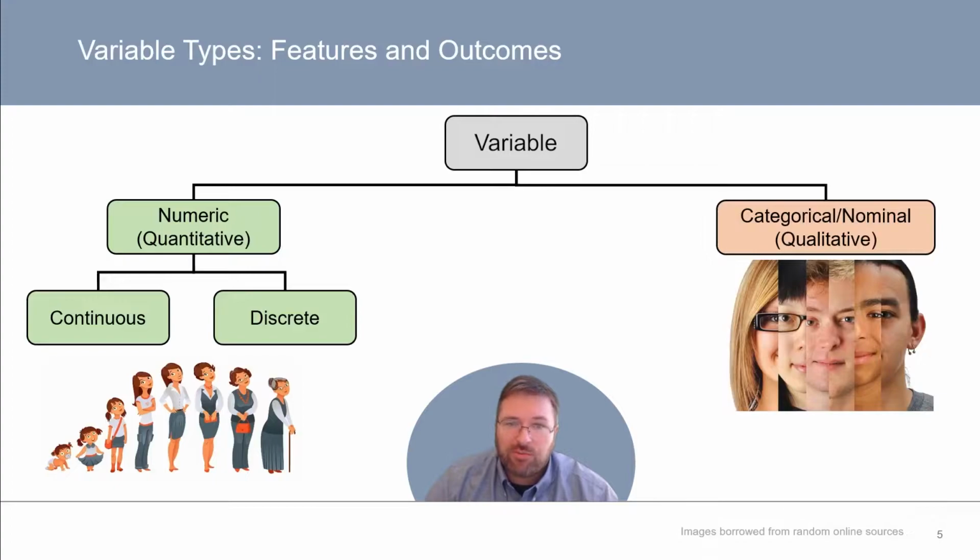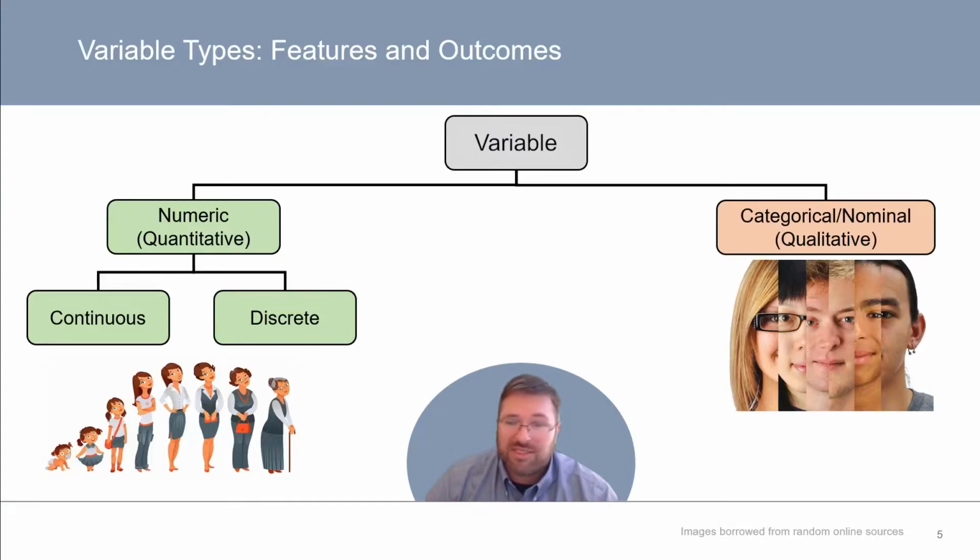Next, a variable could be categorical, otherwise known as a qualitative variable. For example, this could be something like patient race or biological sex. These variables have no intrinsic ordering to them. Of note, for many machine learning algorithms, categorical variables as features present an extra challenge. Specifically, most algorithms train models under the assumption that all variables with more than 3 possible values have some quantitative ordering.